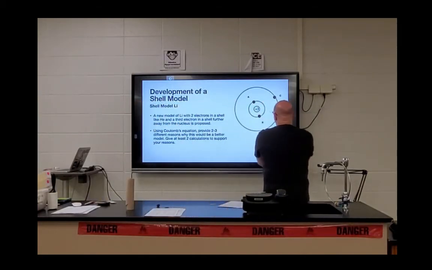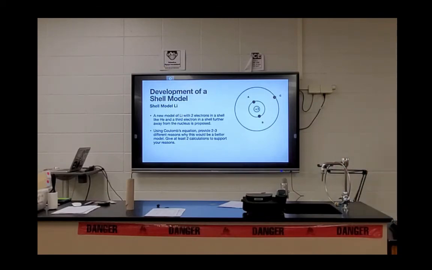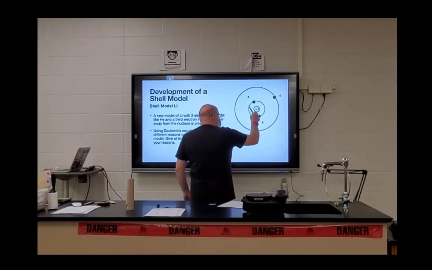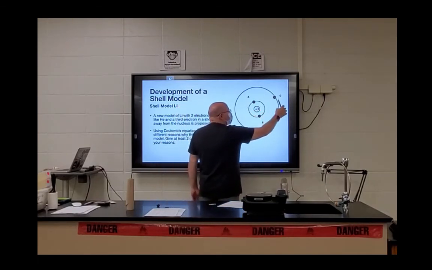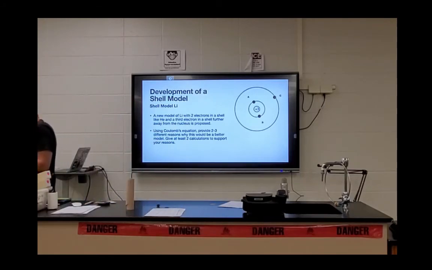Now, in this diagram, which electrons would be the hardest to remove? Which one would have the greatest attraction? A, B. Okay? But C is going to be easier to remove. So a model where we've got these 2 electrons in the first energy level, and then we add the third one in another energy level or shell, this takes care of that problem.